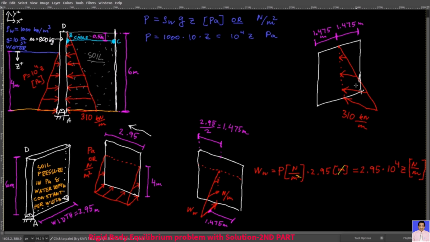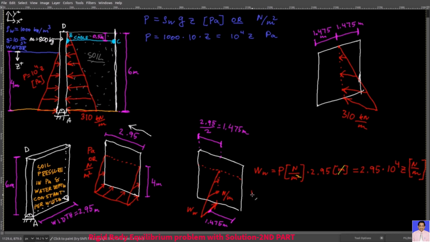That's because it was said that the soil pressure in pascals or newtons over meter squared does not change with the wall's width. Now at the location, which is 4 meters underneath the water, we can calculate the pressure per unit length for the water.